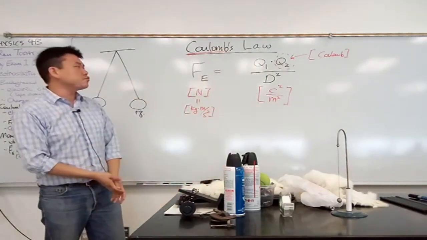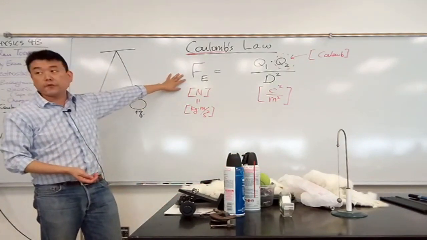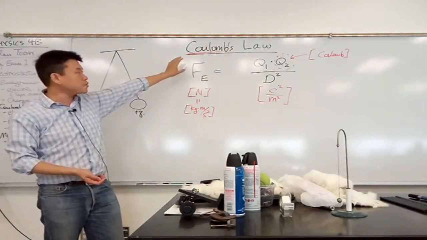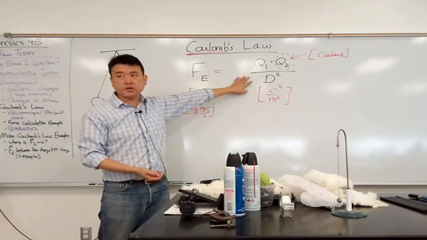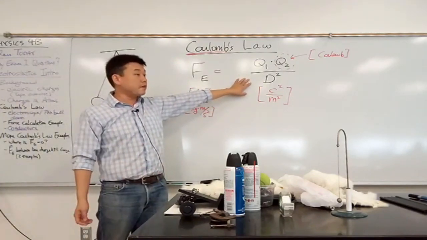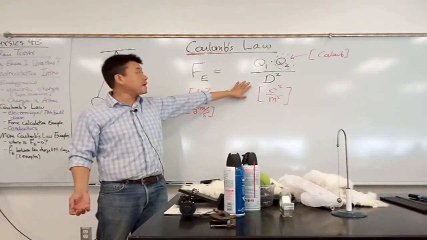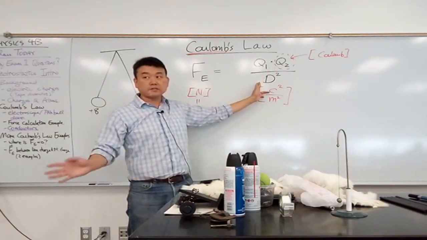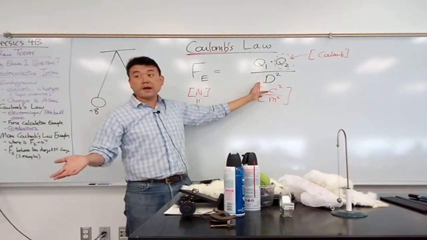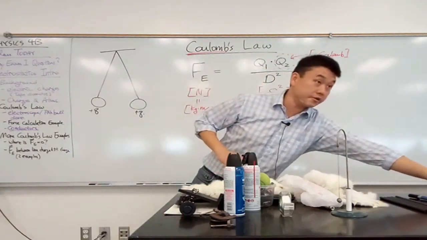Maybe let me build your intuition this way. Where else have you seen a similar expression before? You have force on one side, and on the right-hand side is an expression that describes how that force can be obtained. And actually, a lot of these have a very similar feature to that other equation or law that you might have seen before: Newton's law of universal gravitation.